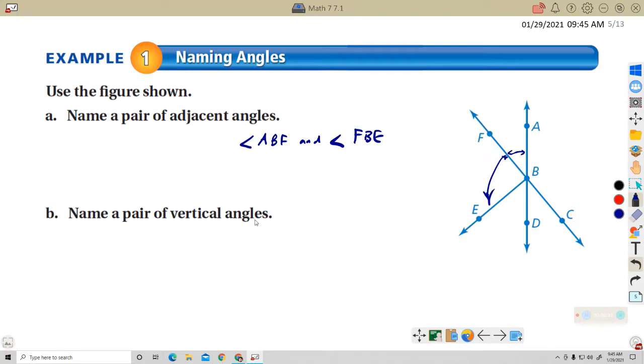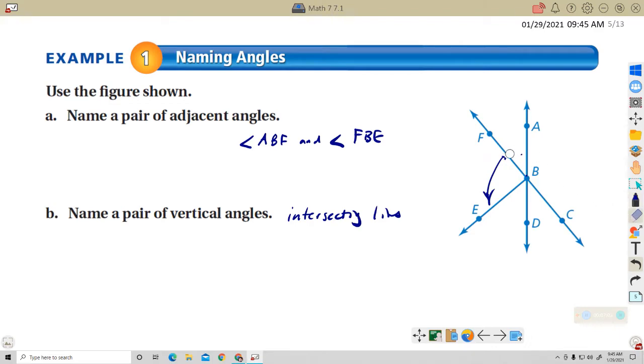A pair of vertical angles. Now I have to look for intersecting lines. This line doesn't really intersect, it doesn't go all the way through. So this is an intersecting line to this one. So my pair of vertical angles, I'm going to say FBD, this one.